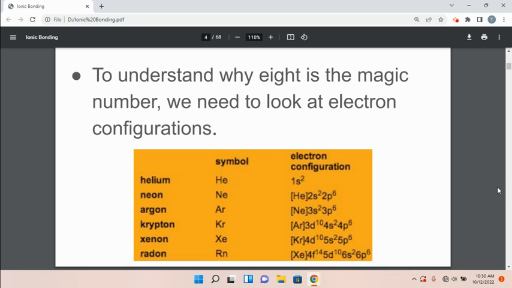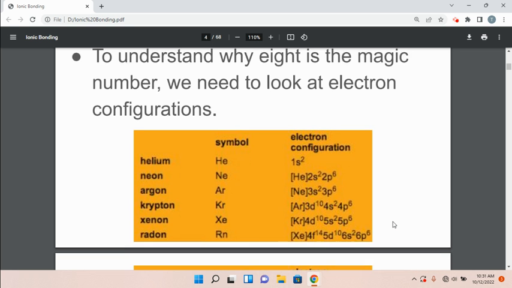If we look at how that plays out in their electron configurations, we see a pattern. Helium, 1s2. Neon, 2s2, 2p6. Argon, 3s2, 3p6. Krypton, 3d10, 4s2, 4p6. All of these electron configurations end in something s2, something p6.